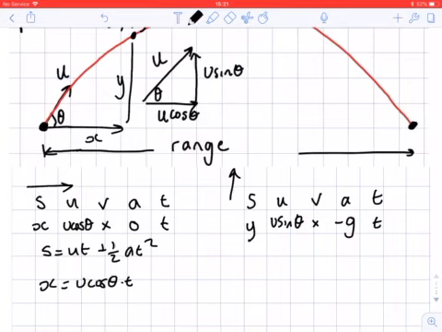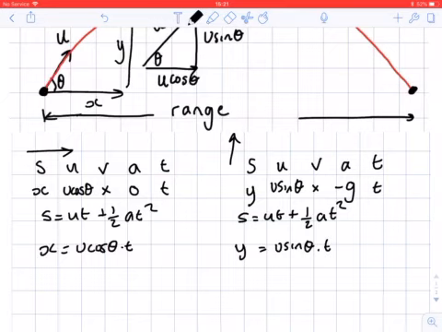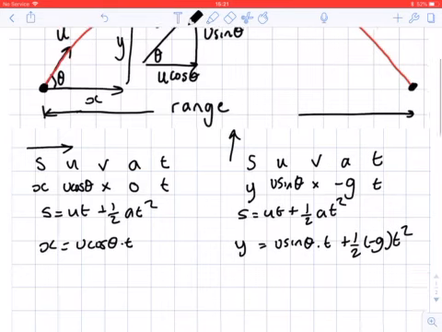And we're just going to take a generic time of t. Here we've got s, u, a, t again, so I'm going to use s equals ut plus a half at squared, and that's going to give me a displacement in the y equal to u sine theta times t plus a half of minus g t squared.